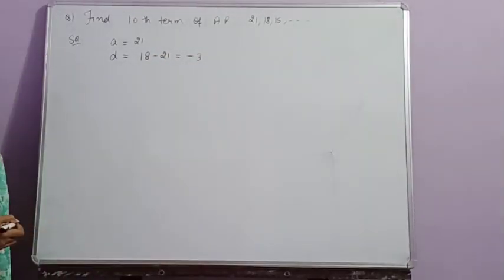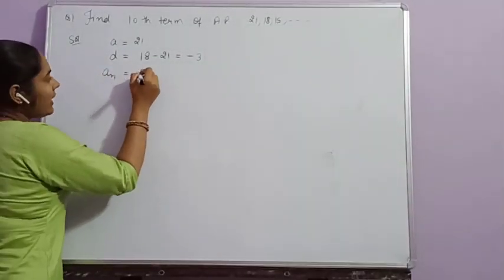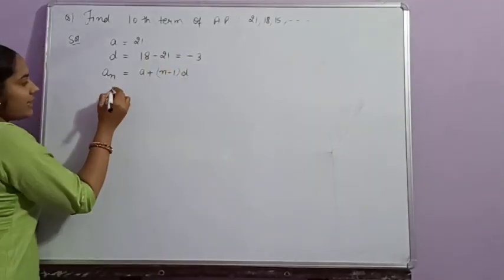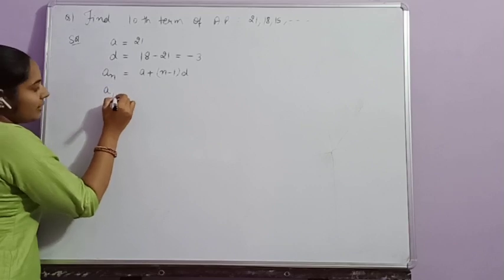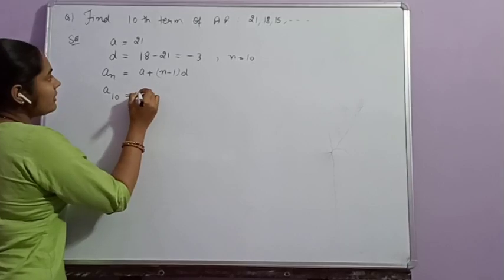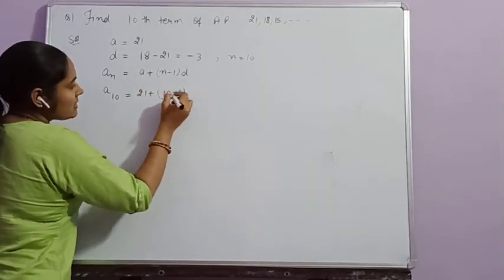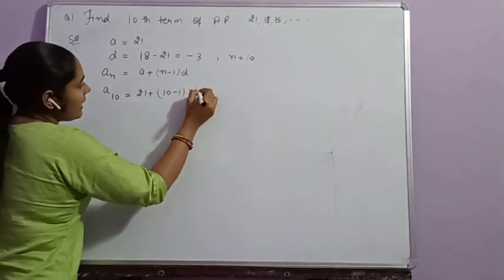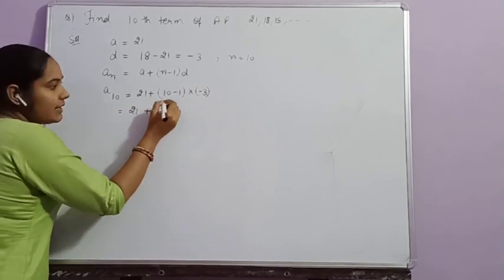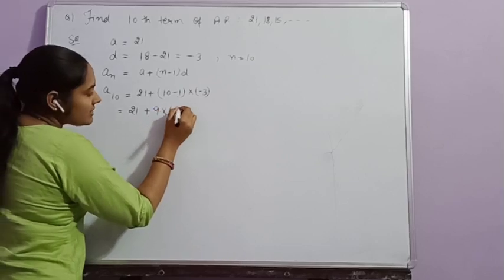We have to find its 10th term, an equals a plus n minus 1 into d. Here the value of n is 10. So a10 equals 21 plus 10 minus 1, that is 9, multiplied with minus 3.